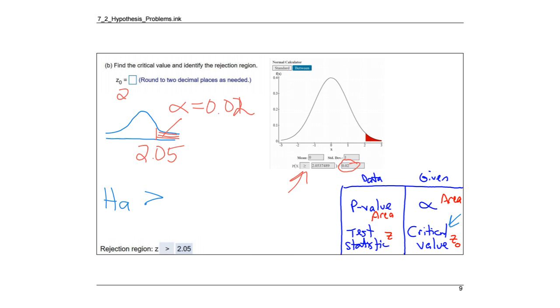So I'm going to put the 2.05 in here as the critical value, but my rejection region is starting just past 2.05 and headed to the right. Everything on the right of 2.05 is going to be in the rejection region. Therefore, any z-scores greater than 2.05 are going to be in the rejection region, and therefore we're going to reject the null hypothesis.